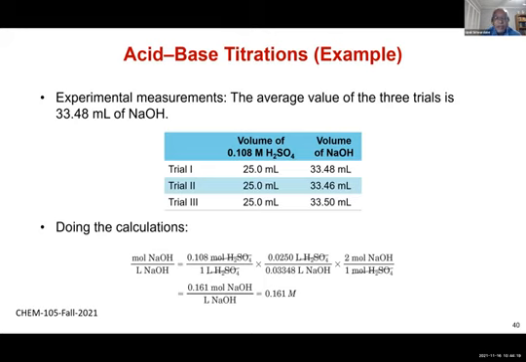We use 2 moles of sodium hydroxide equal to 1 mole of sulfuric acid. Therefore, the molarity is 0.161. So the unknown sodium hydroxide solution has a molarity of 0.161. That's what we are looking for. That's how you calculate the concentration of the unknown solution used in the titration, here the sodium hydroxide solution.